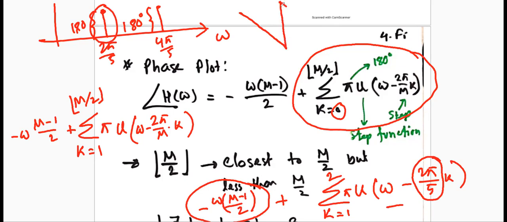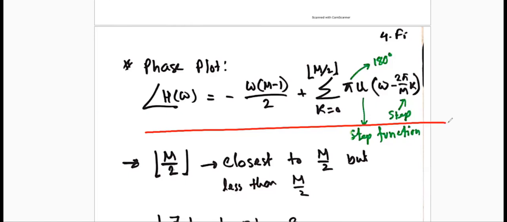And again, it will proceed like this. Whenever the second stem comes over there, it will jump again by 180 degrees. And that is how you can represent the phase response like this.